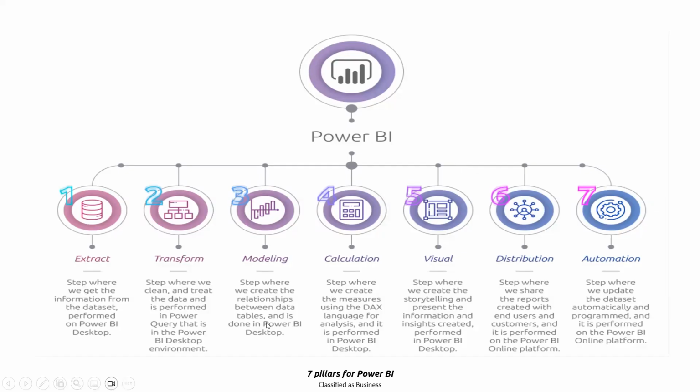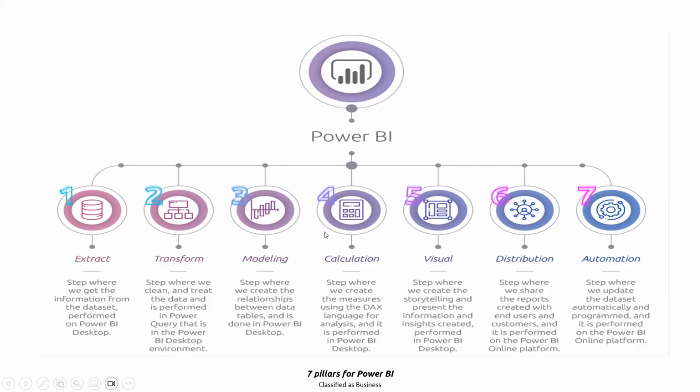Once the data modeling has been done, the next activity is to perform the business calculations, designing the important metrics. We do that also at the Power BI Desktop level. Calculations and data analysis we perform at the Power BI Desktop level. The next step is data visualization. It is not simply extracting the data and coming to the fifth step.